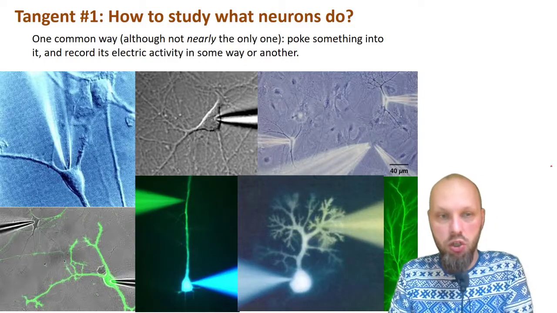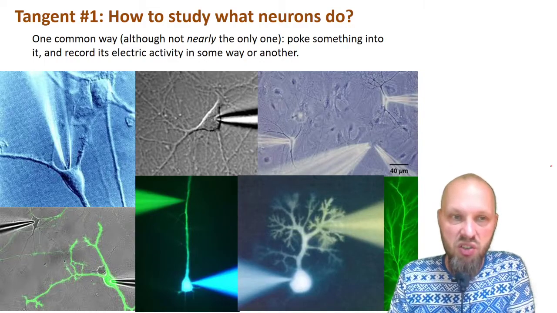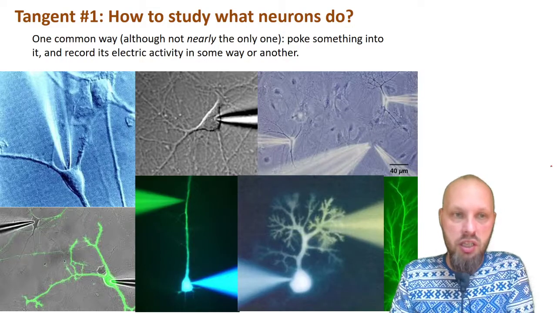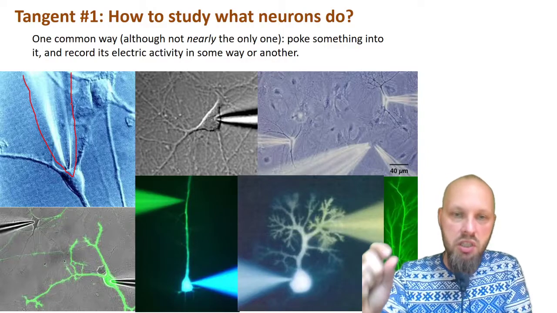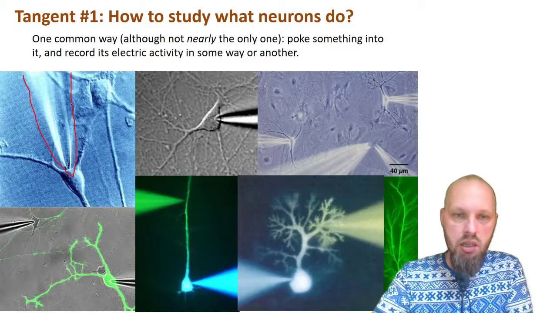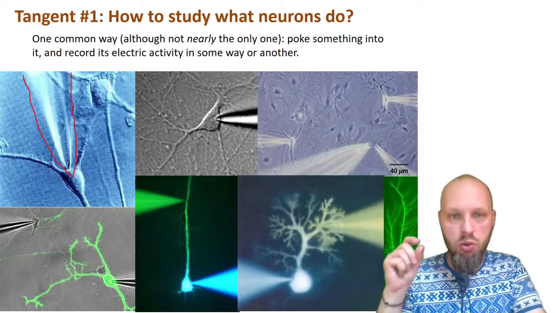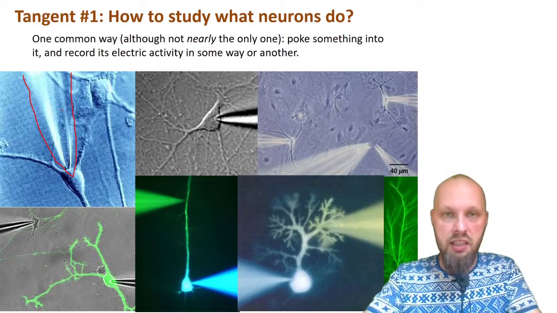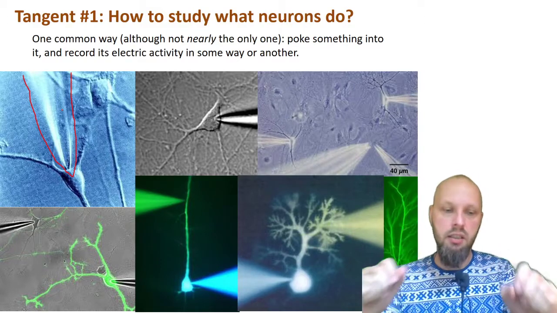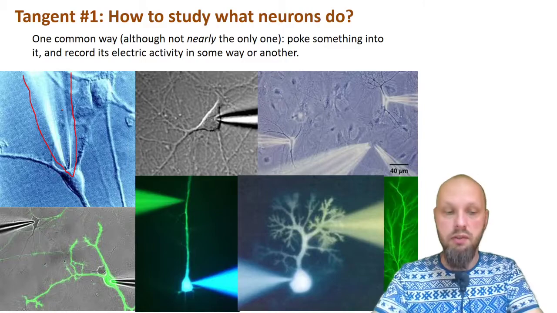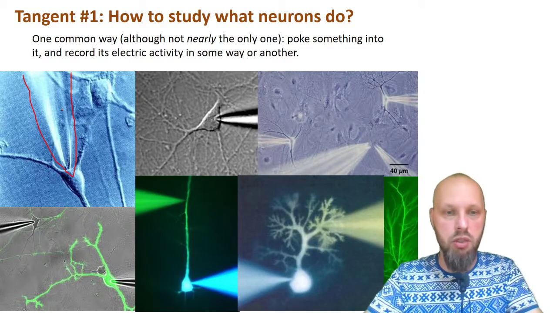All of these pictures, just some random pictures from the internet, show electrodes, so you can see them as these strange shapes, but actually these strange shapes are the very tips of glass pipettes, of glass electrodes filled with conductive fluid that people use in order to connect to cells and kind of listen to them in the electrical sense. So detect electrical currents in the cell.